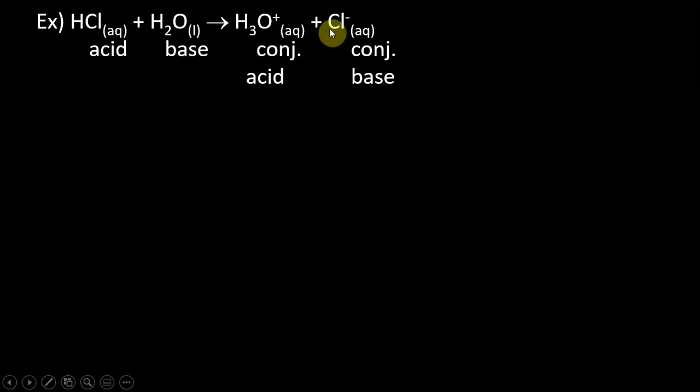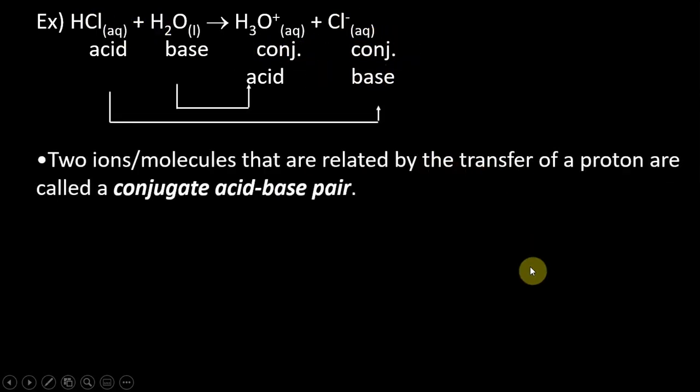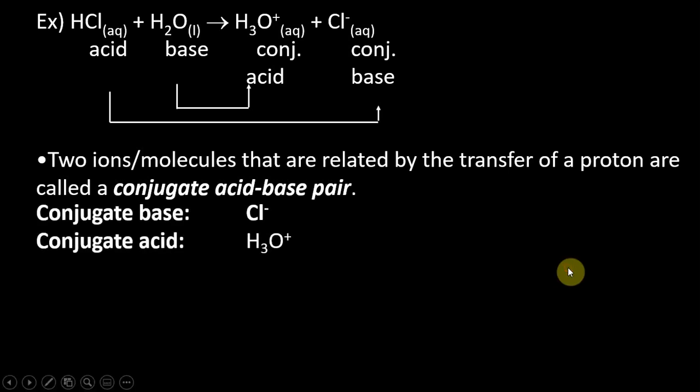And then we have the chloride ion being left over after the hydrogen is gone, and that's our conjugate base to that acid. So we always have these conjugate acid-base pairs, right? They're related by that transfer of a proton. So conjugate base is chloride, conjugate acid here is the hydronium ion.